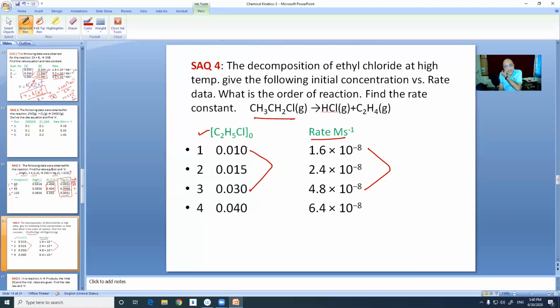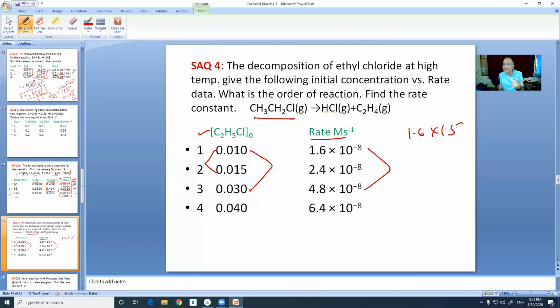You can also see with the first and second: when you increase by 1.5 times, the rate is also increased by 1.5 times. Because if you multiply 1.6 into 1.5, it is exactly 2.4.